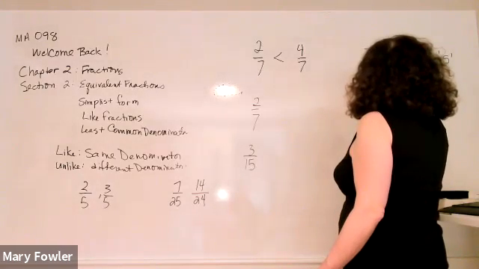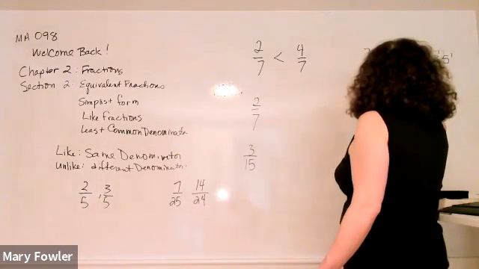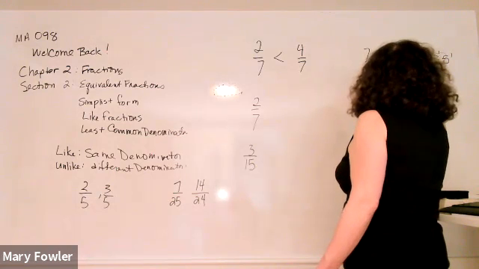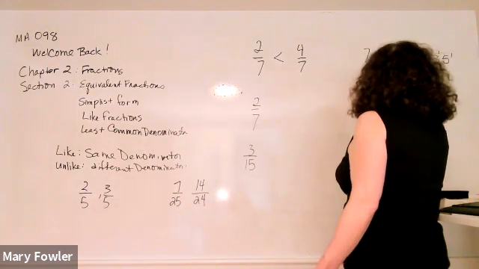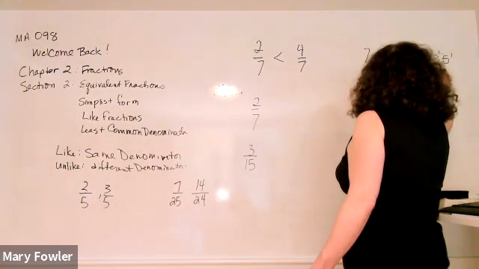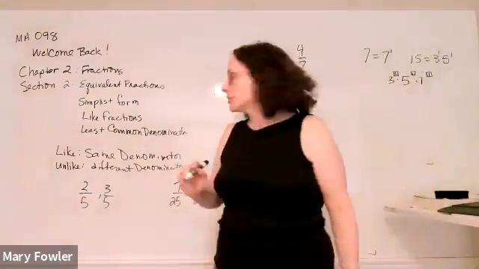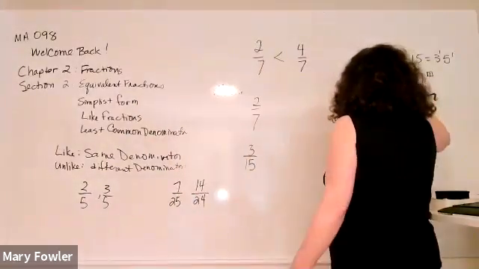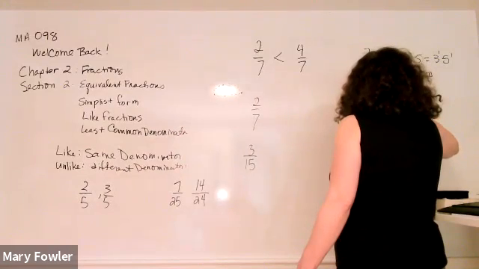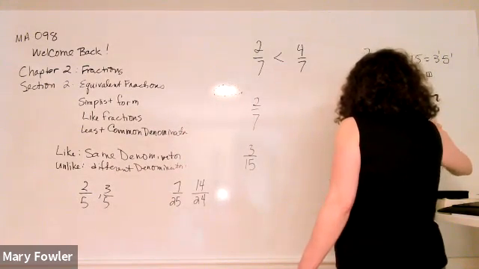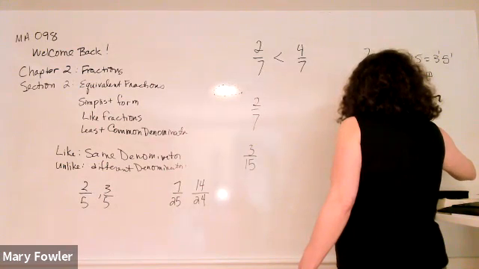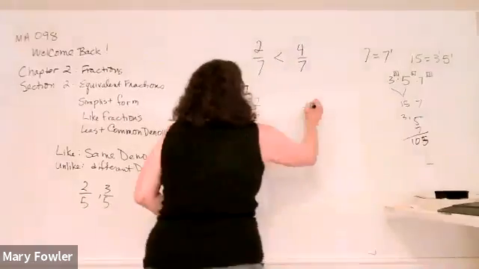And we know the rule here is to list all the primes and pull up the exponent that's largest on them. So in this case, my least common multiple is going to be 15 times 7, or 105.